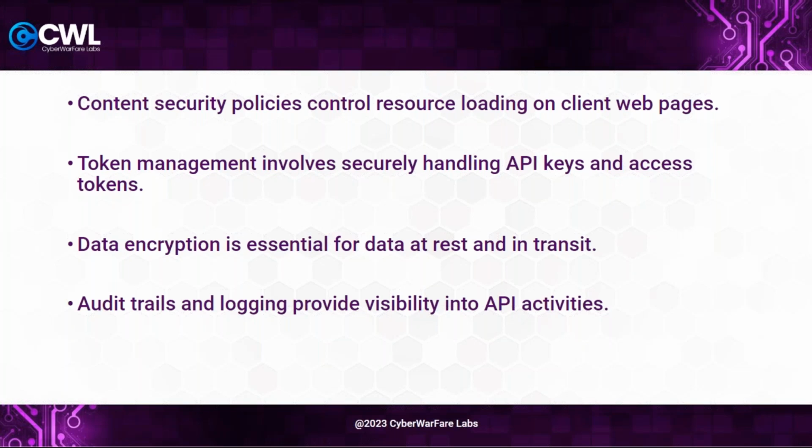Last point, audit trails and logging provide visibility into API activities. This means audit trails and logging provide visibility into API activities when organizations keep detailed records of all the actions happening with their APIs. It's like having a security camera in place.